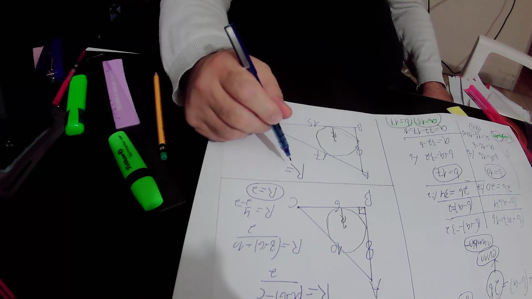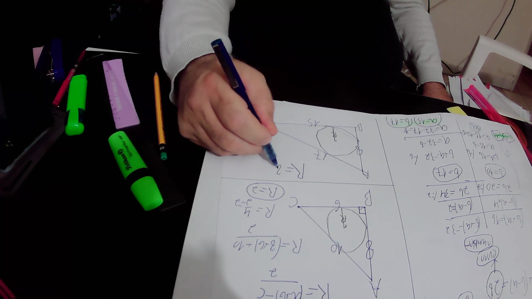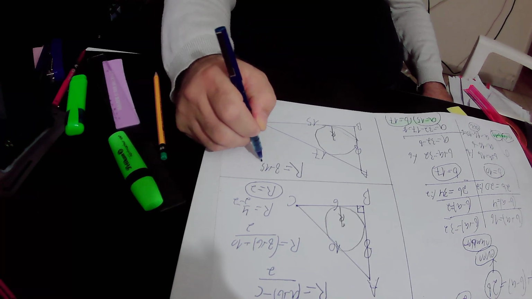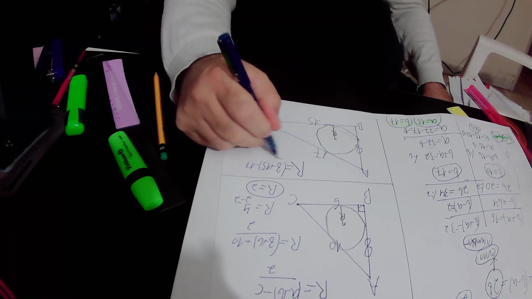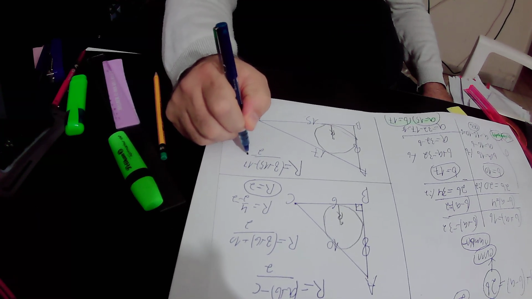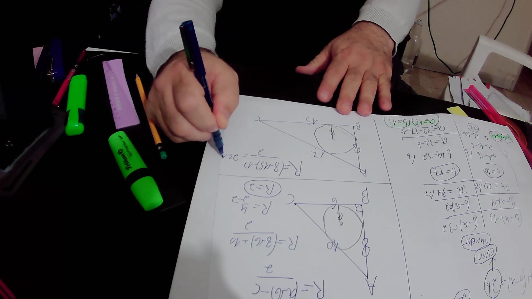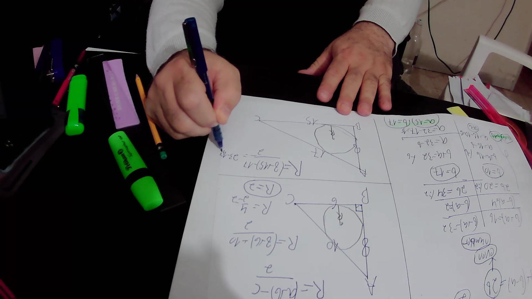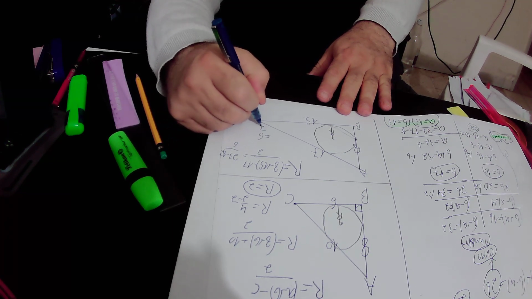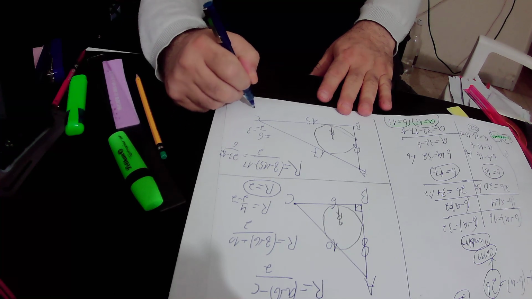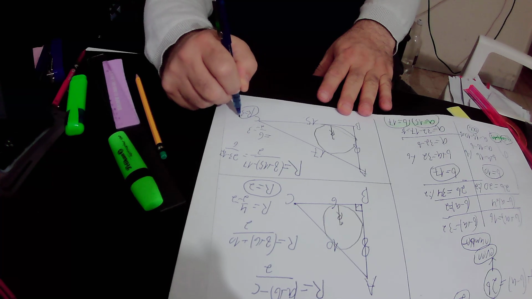The radius of this circle equals the sum of its perpendiculars, that is 8 plus 15, minus the hypotenuse, that is 17, over 2. 8 plus 15 is 23, and 23 minus 17 is 6, and 6 over 2 is 3. So we found out that the radius of this circle equals 3 units.